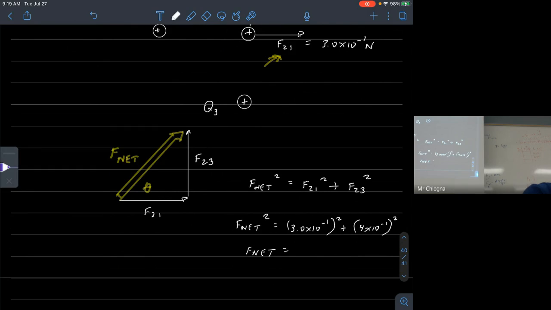I'm going to take the square root. So F net works out to be 0.5 newtons. We're not done. We need an angle.